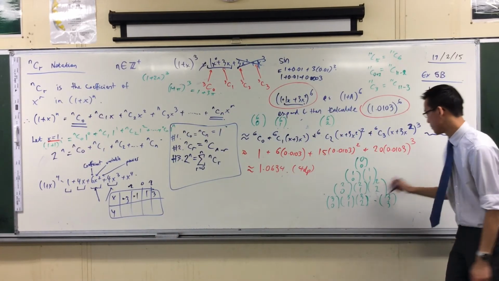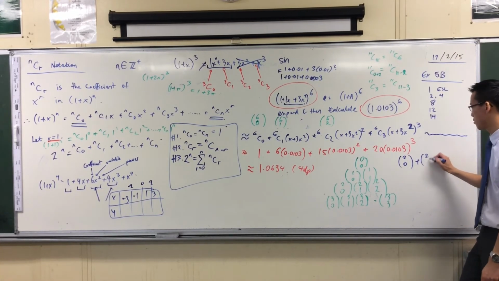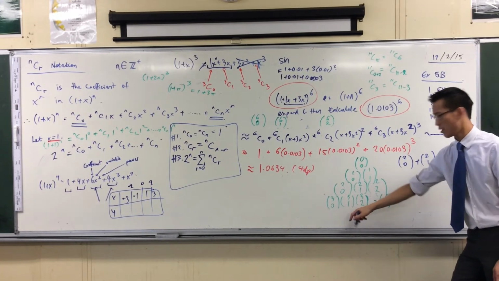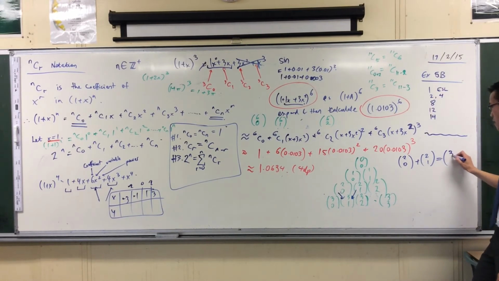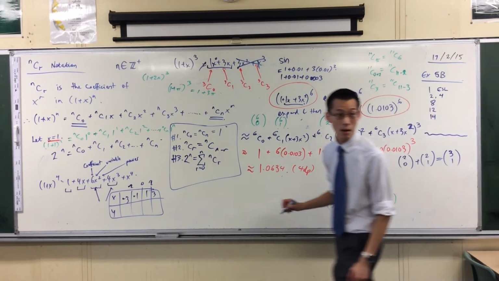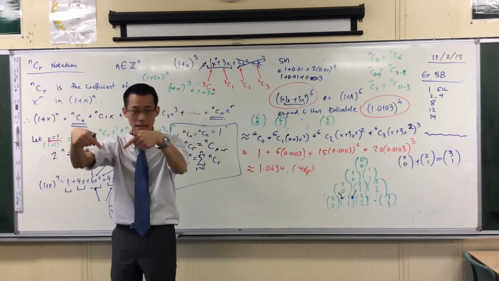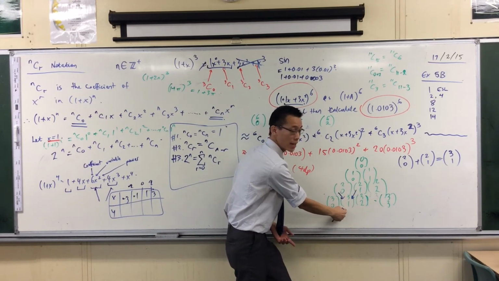How about this one? 2C0 plus 2C1 should be equal to this one, right? They sort of go in like that. Yes? 3C1. That's how I get that number, right? I add up the two ones above me and they come down, so this would be 1 plus 2 equals 3. That's what it's actually equal to.